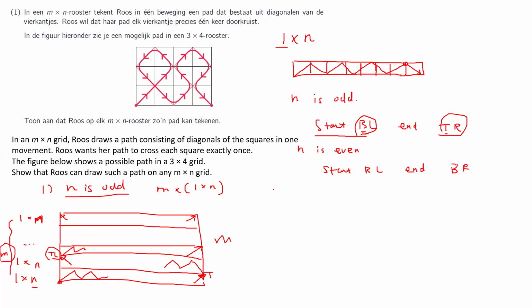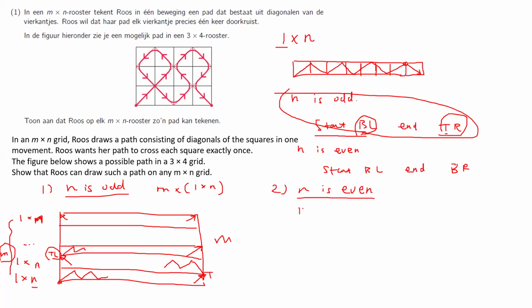Now the second subcase is when n is even, and now we have to discuss the parity of m. When n is even, we cannot use the previous case. So when n is even and m is odd, we have an m times n grid of odd times even.